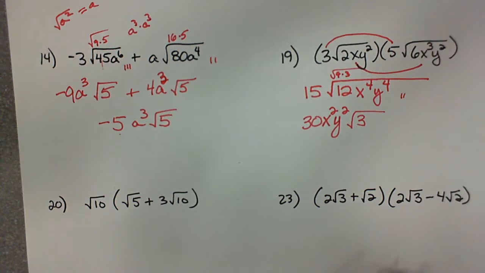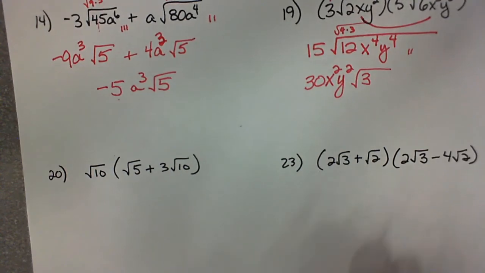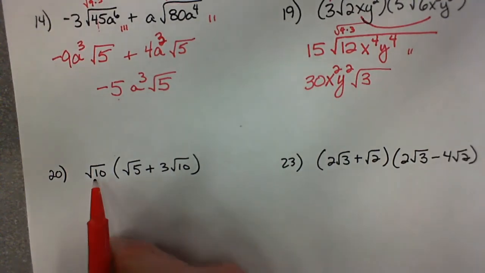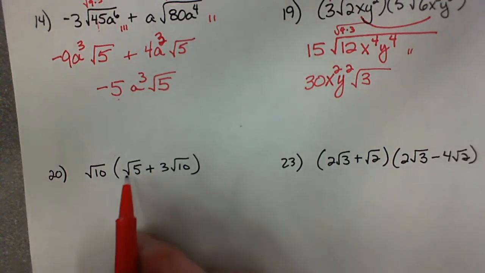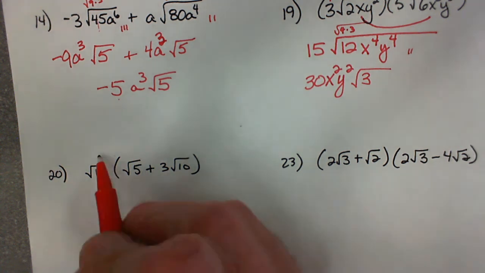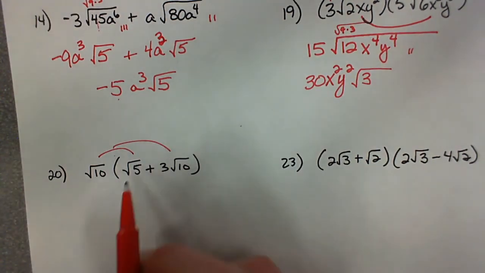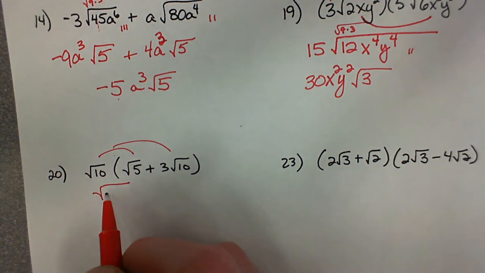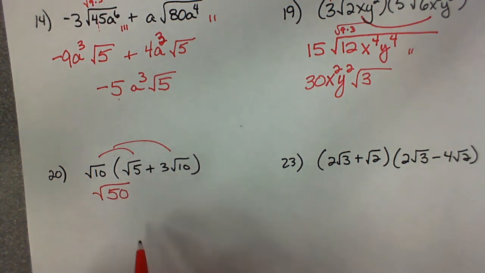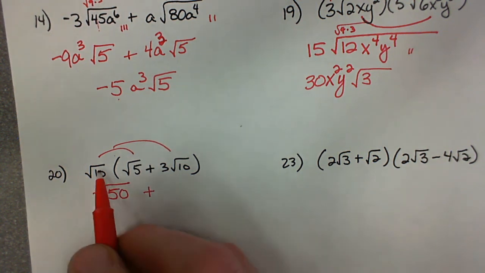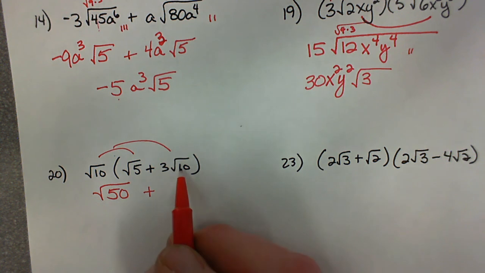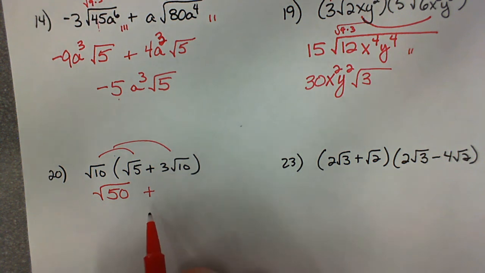Okay. On 20, here we've got a number times 2 terms here is a binomial, so this is going to have to get distributed to both terms. Square root of 10 times square root of 5 is the square root of 50, plus square root of 10 times square root of 10, going to get you 10.